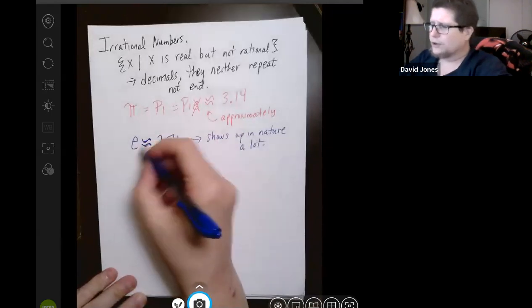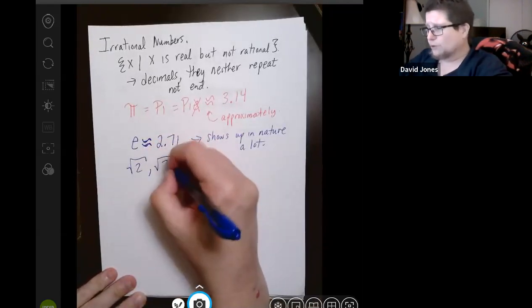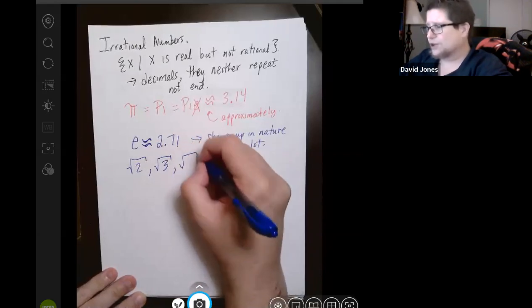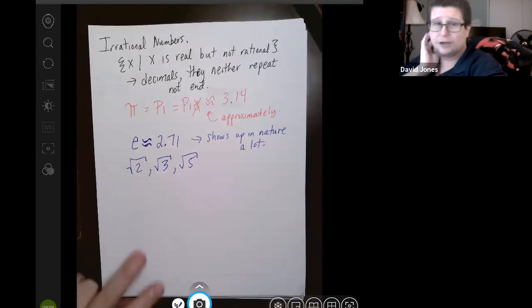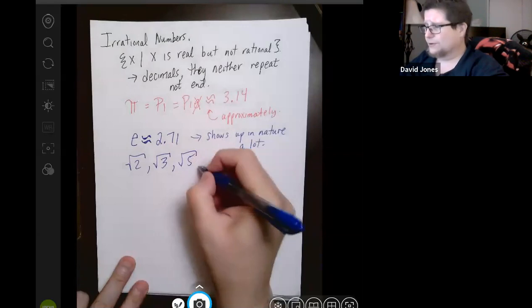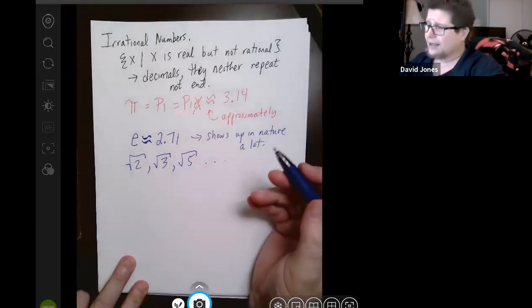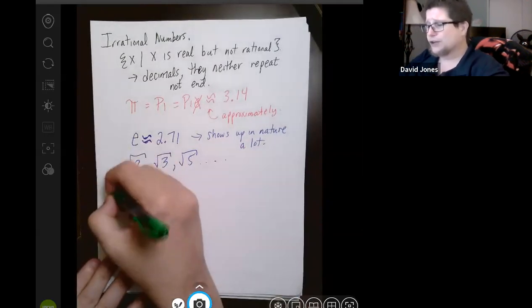Irrational numbers also include any root that doesn't result in a whole number. Like square root of 4 is 2, but square root of 2, 3, or 5, throw them in a calculator, they just keep going like that. And then our final category is imaginary numbers.